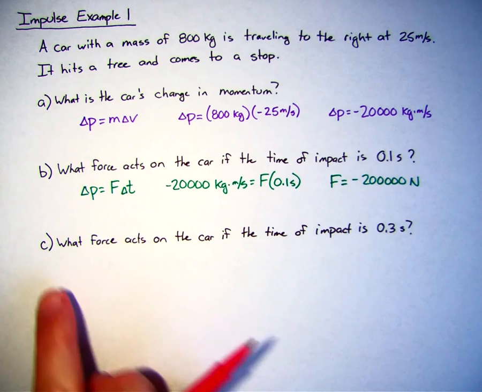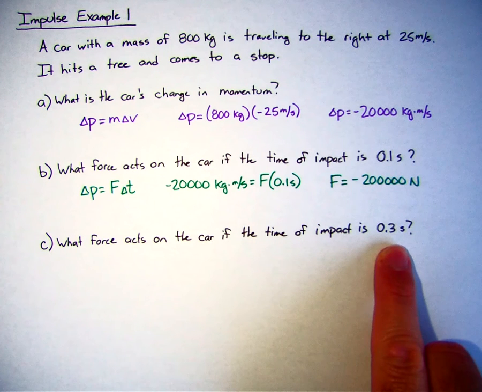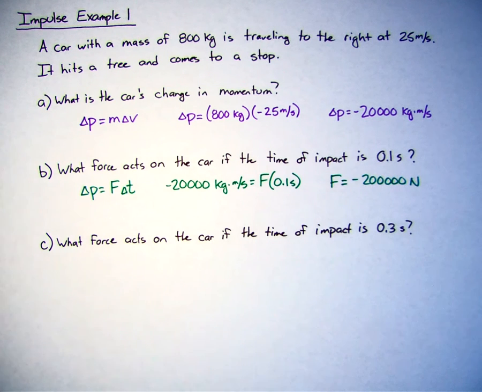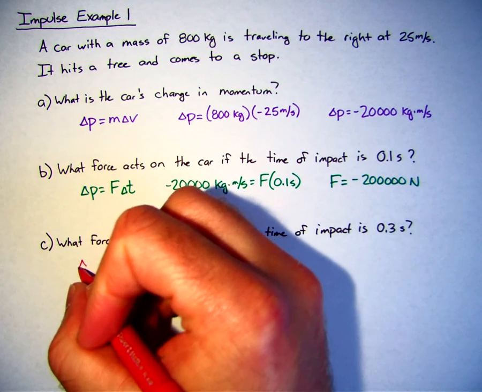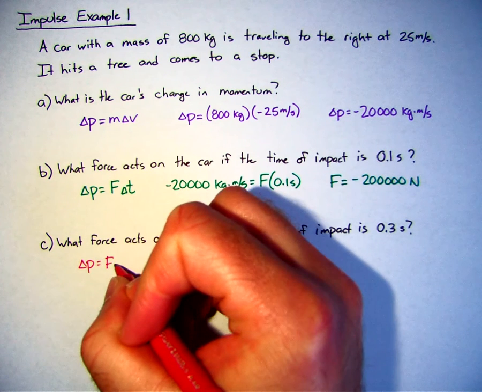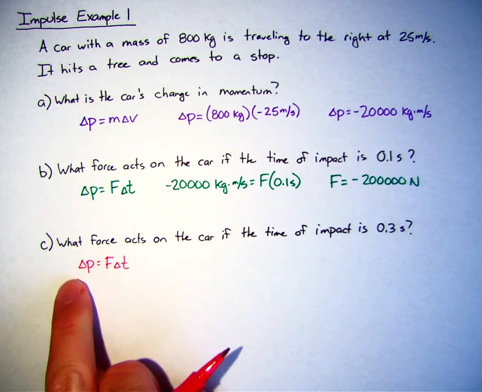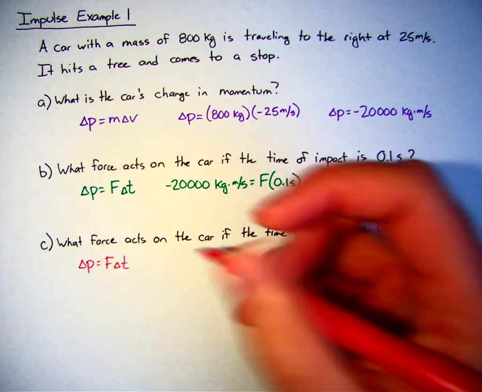So in part C, what if the impact is 0.3 seconds? So we're talking about a longer time of impact. So this collision is lasting a longer period of time. So again, we know that impulse, change in momentum, equals force times the time of the impact.